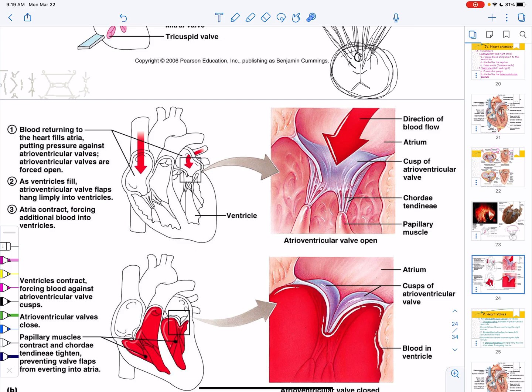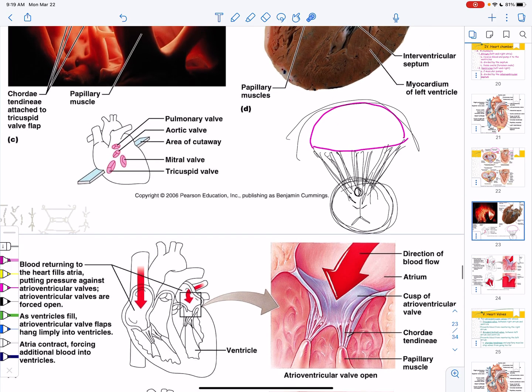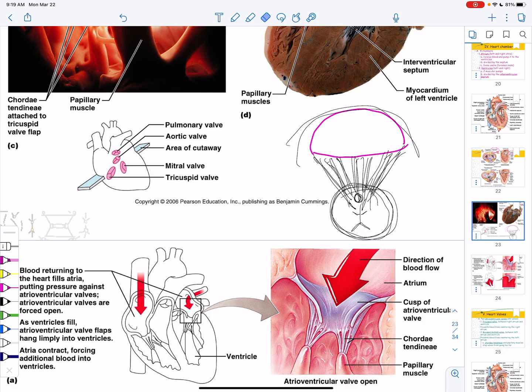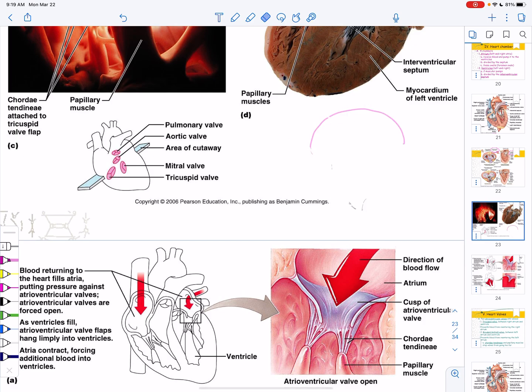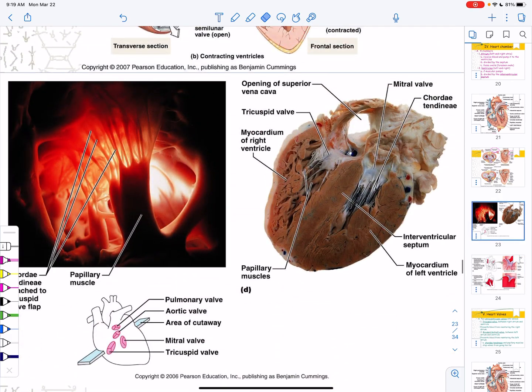And then the strings hold them in place so that way they don't blow out and have blood go backwards, okay? Only your AV valves are going to have the chordae tendineae. Only your AV valves need the strength of the chordae tendineae to control the pressure.